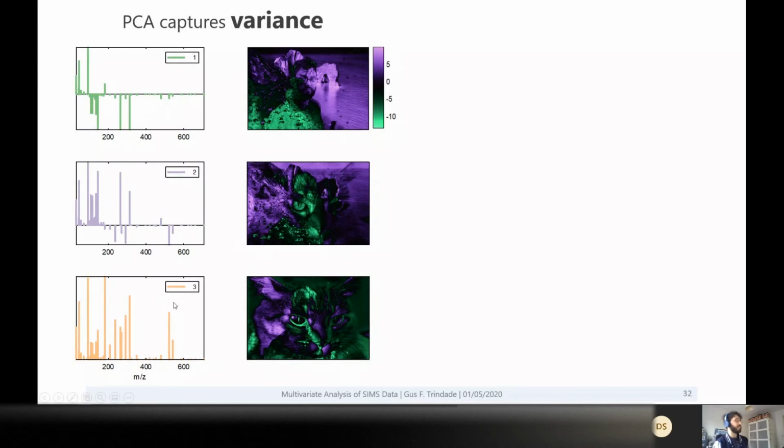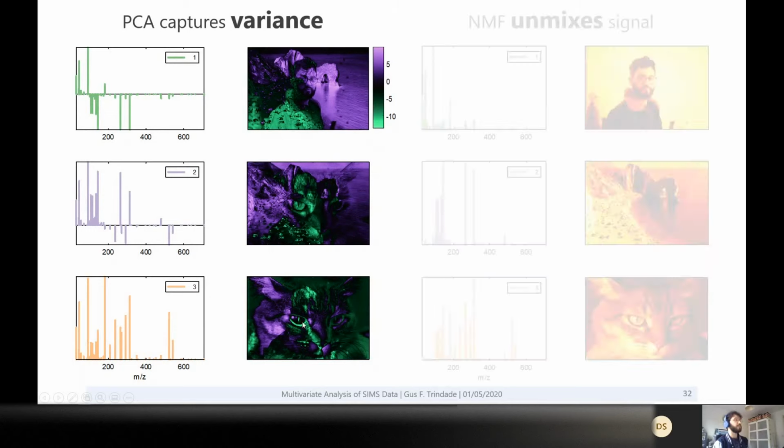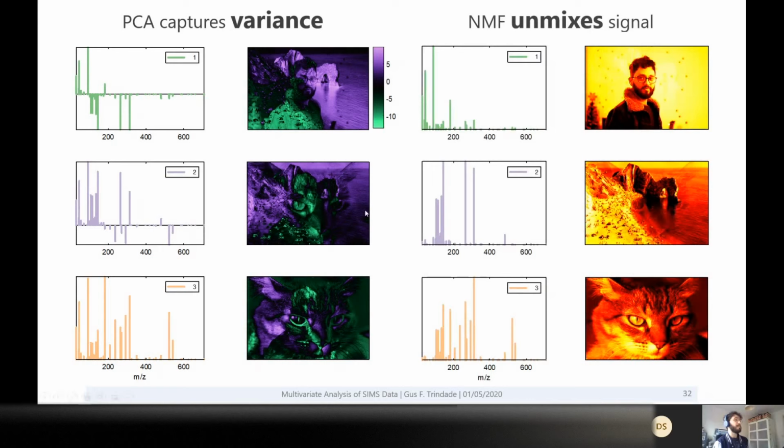And you may find things that you couldn't see in the total ion image because the signal is too weak. But as a comparison, if we do NMF, as I say, it will unmix the signal. So in this case, it will actually separate them into the original images, with the spectra related to those original images. So both have given you the same information. It just depends on how you interpret and what you want to get out of this.